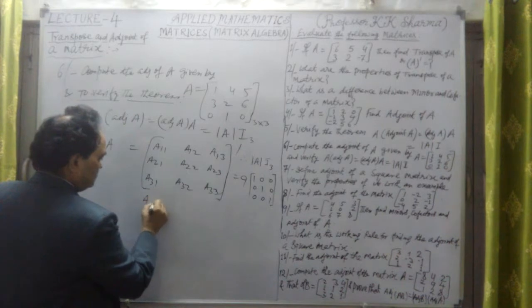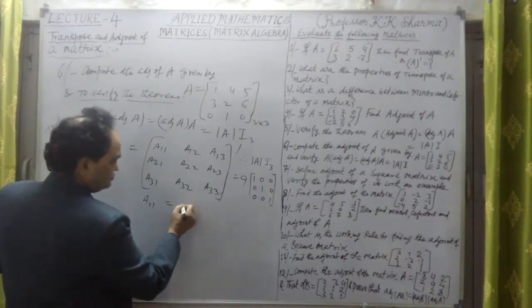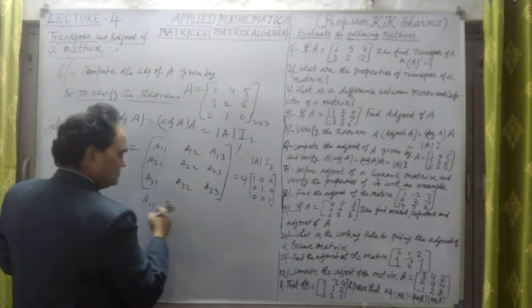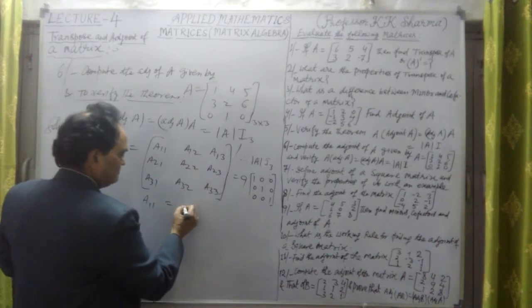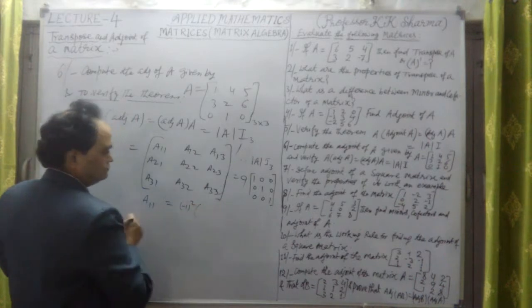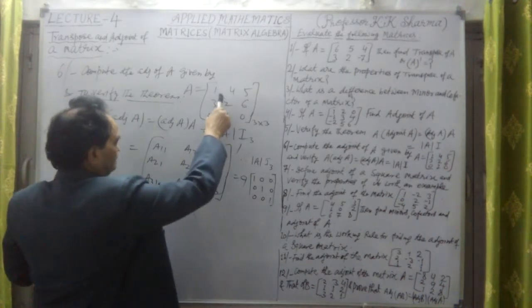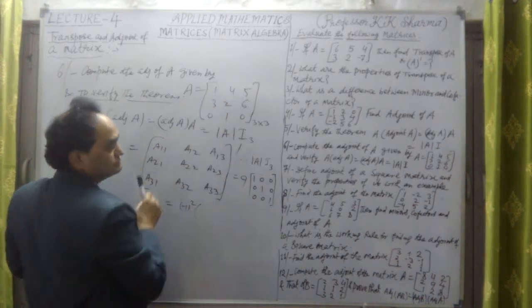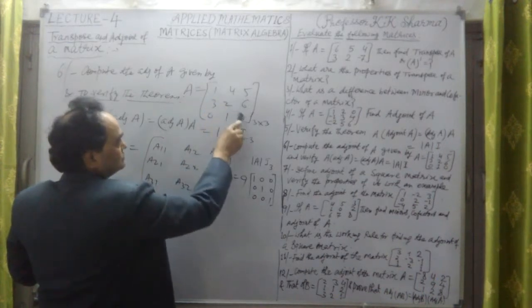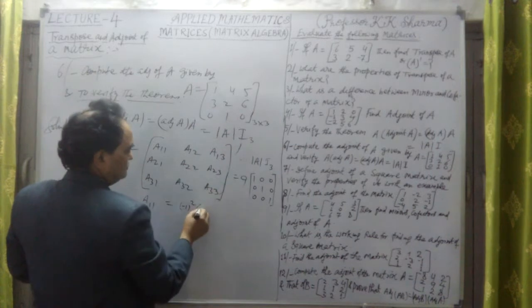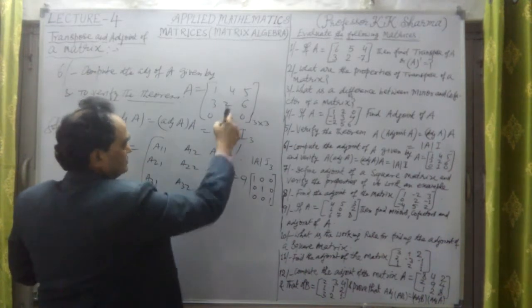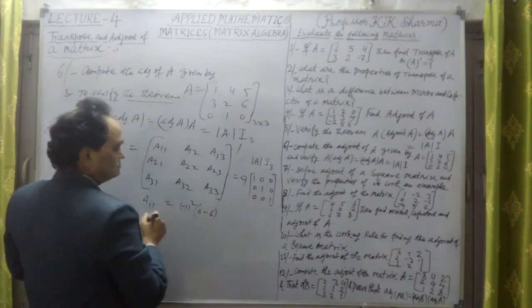Here A11 is positive, minus 1 whole power 2. For A11, this is 2 into 0 is 0, minus 6 into 1 is 6.